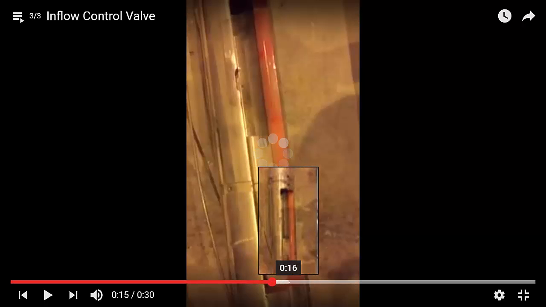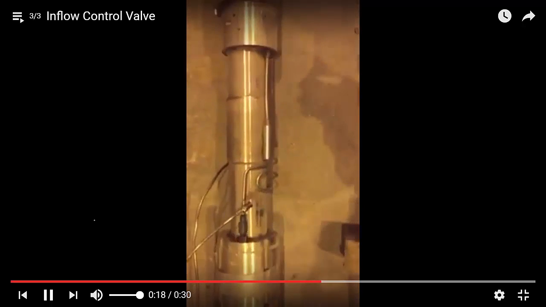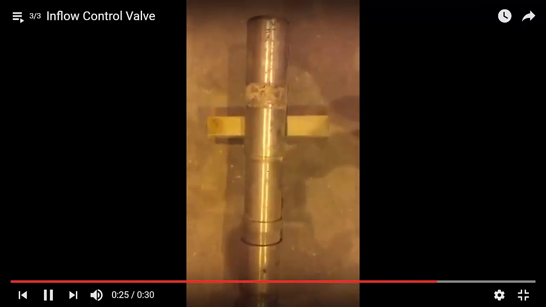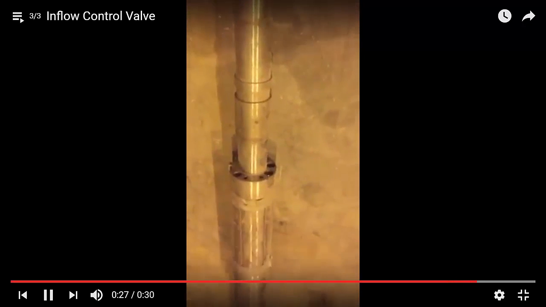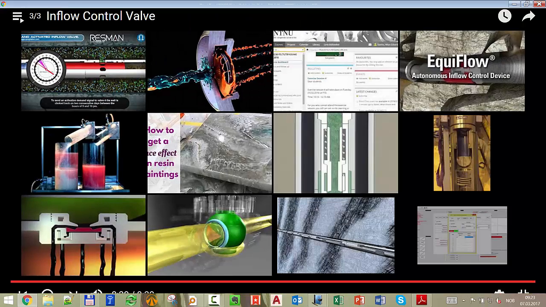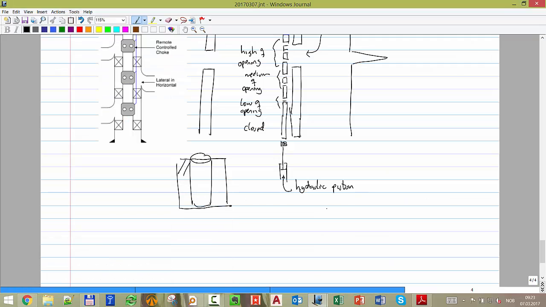Very poor quality, but someplace here is the magnetic strip that is used to locate where it is, but it's actually quite big equipment. It's real size. Here you have again the hydraulic lines for each section. Okay. Huge tool that we have here, and I hope to take you to see it another day.